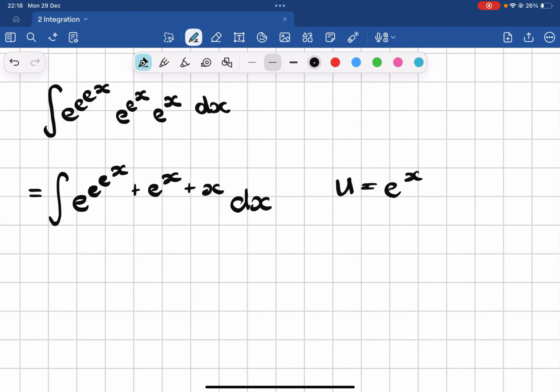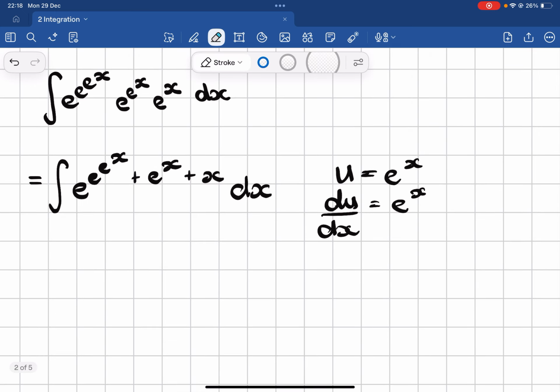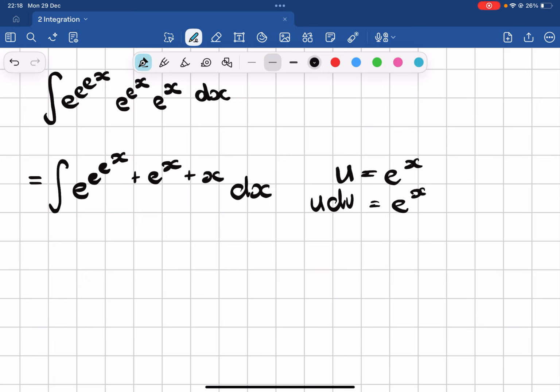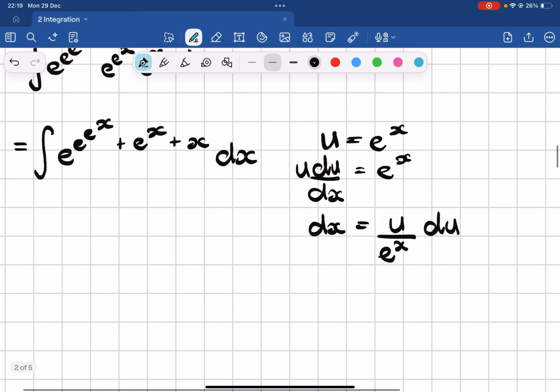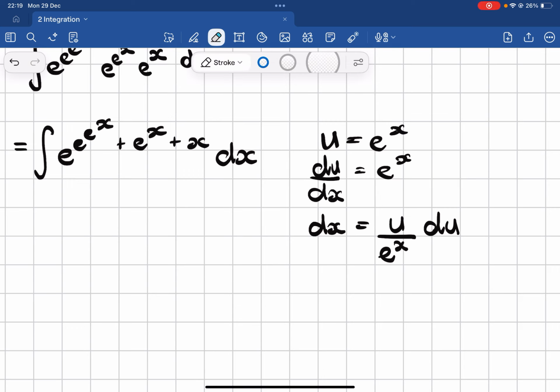So we've got u equals e to the x, du over dx equals e to the x, meaning dx equals du over e to the x. Wait, this u should not be here.